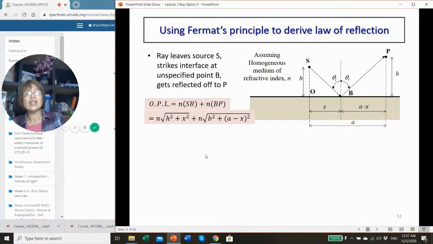Now let's use Fermat's principle to derive the law of reflection. Just now we were using Hero's principle to prove it.